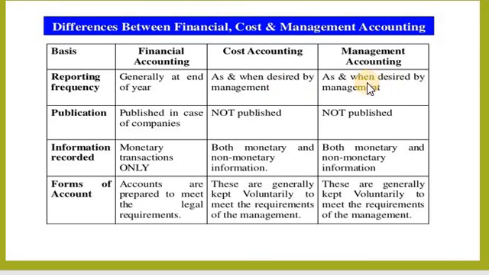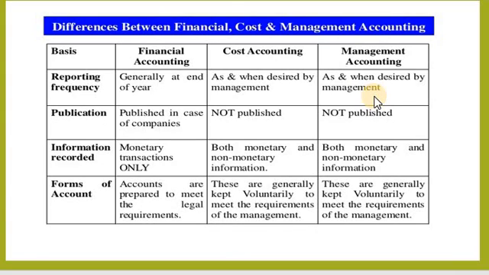In the same way, management accounting is also decided by management. Based on the management's desire, they will prepare the reports and submit them. If the management asks what about our future policies and future decisions, whether we want expansion or to discontinue production, when they have doubt in their mind, first they will ask the management.